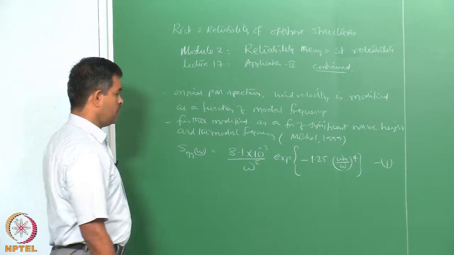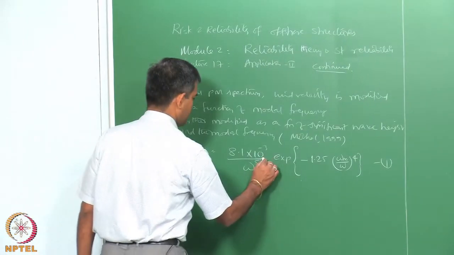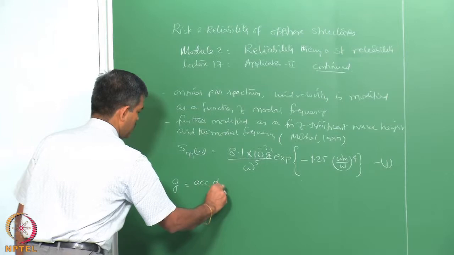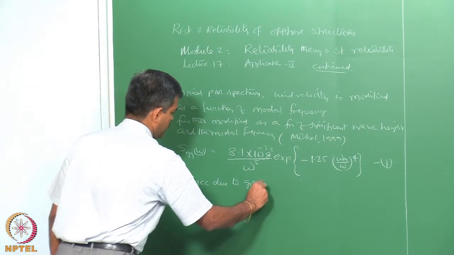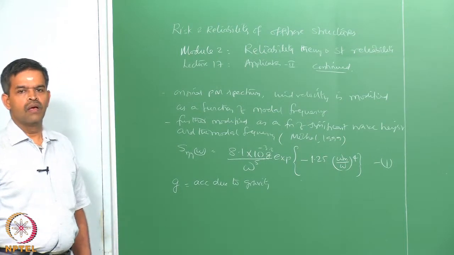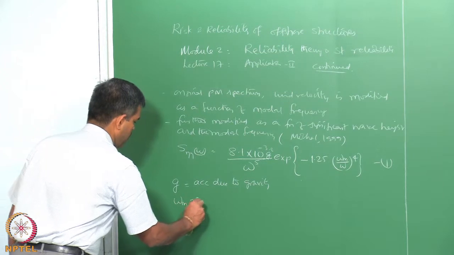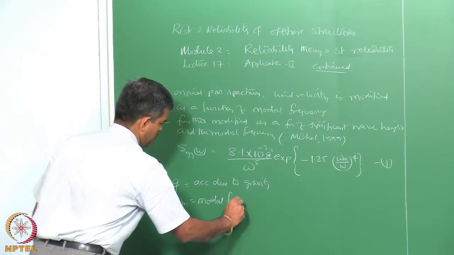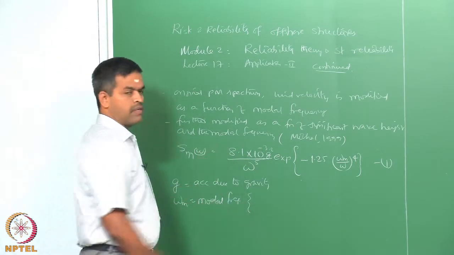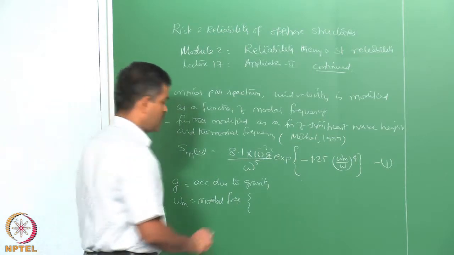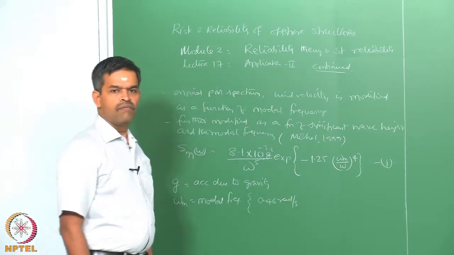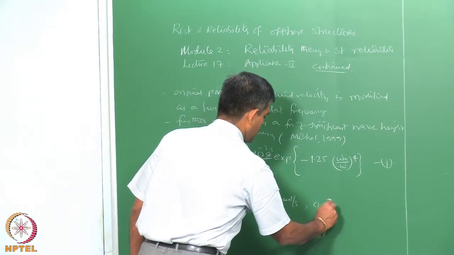In this case, g is acceleration due to gravity, which is 9.81 meter per second square. Omega m is called the modal frequency. In this study, as advised by Mitchell, we have taken modal frequency as 0.46 radians per second, which amounts to 0.07 hertz.